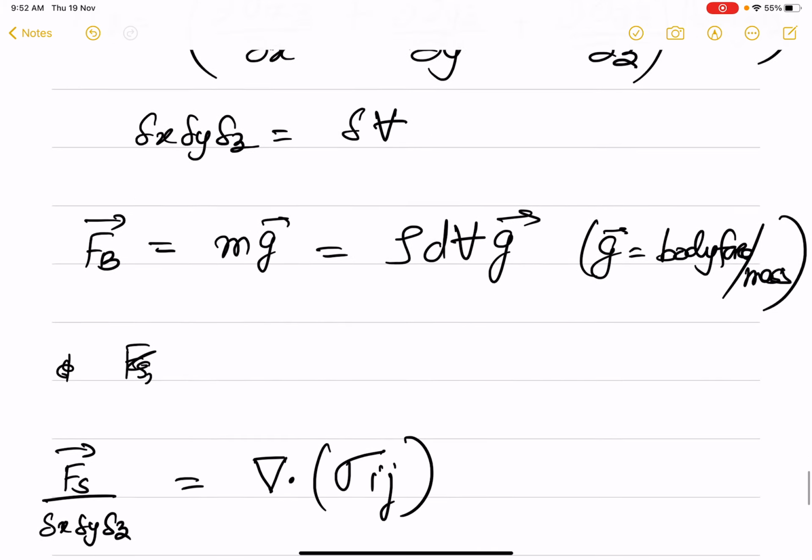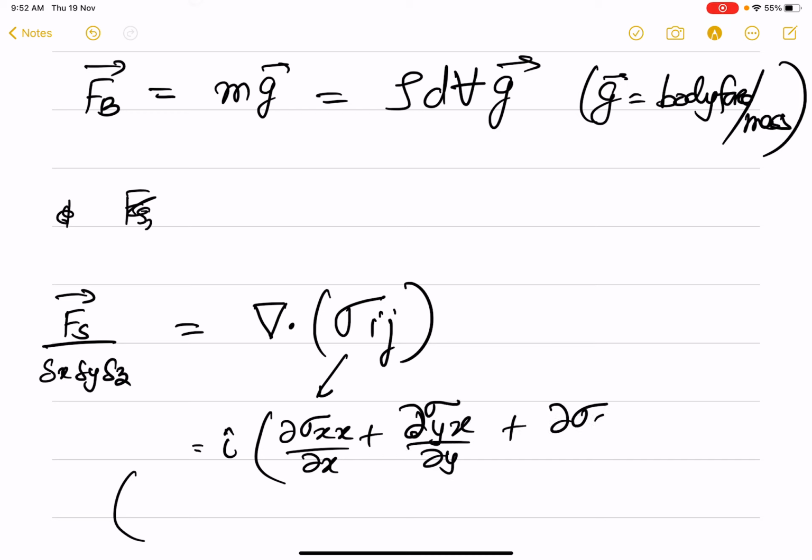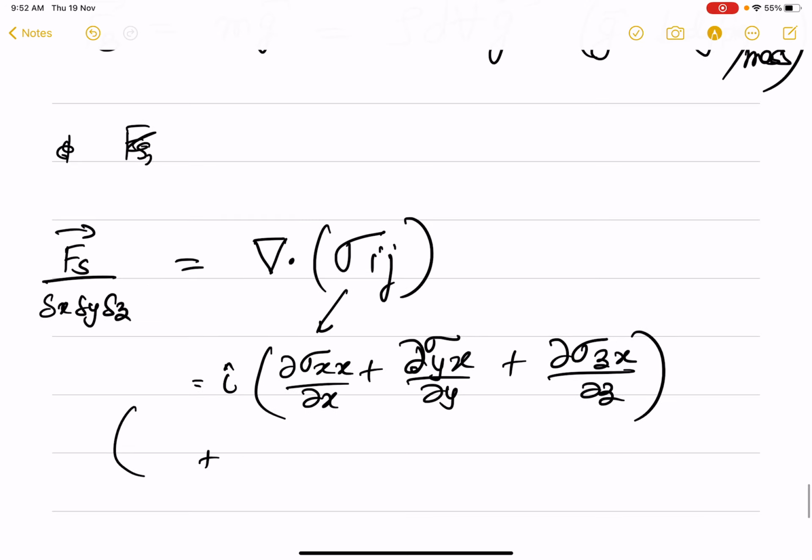So basically this term, divergence of sigma ij, represents the i component, and with the i component we have partial sigma xx by partial x plus partial sigma yx by partial y plus partial sigma zx by partial z. This is the j component, and this is the del dot sigma ij.